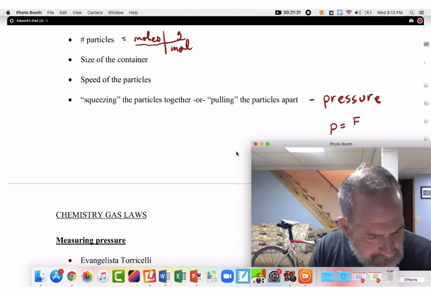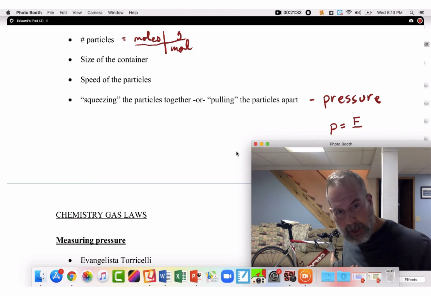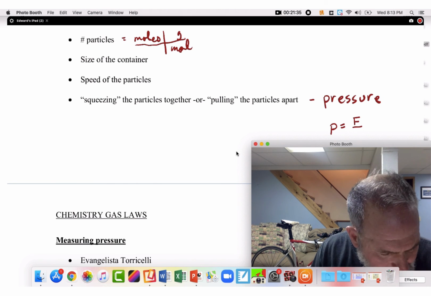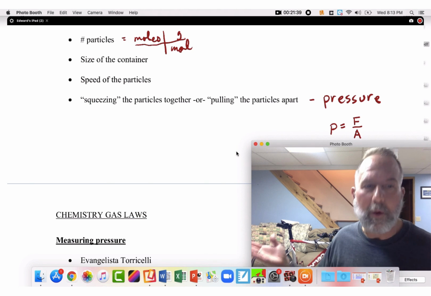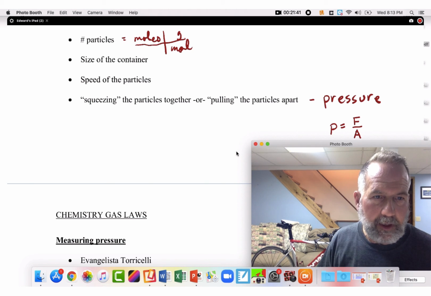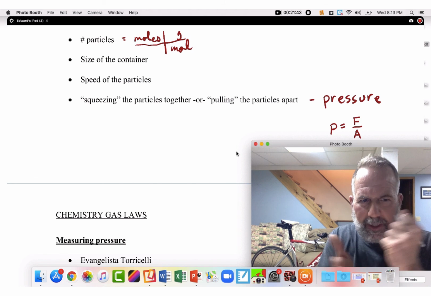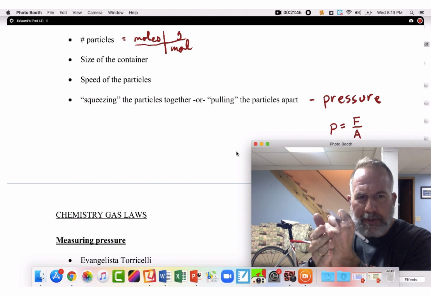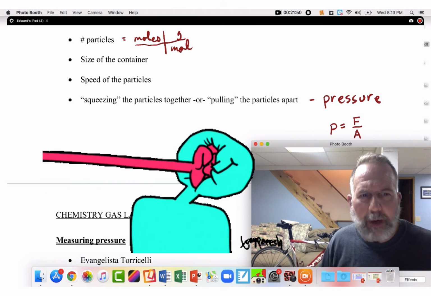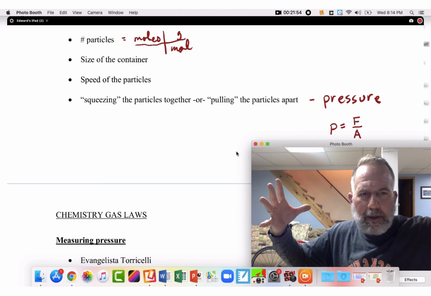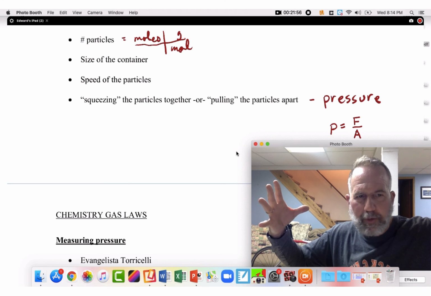So the force they hit the side of the container with, or the side of the tire with, divided by the area of the tire or the bottle. Okay? So the pressure comes from the collisions, the force, and then the area it hits, how big the container is. If you have a humongous container, you can have a lot more gas to make the pressure.